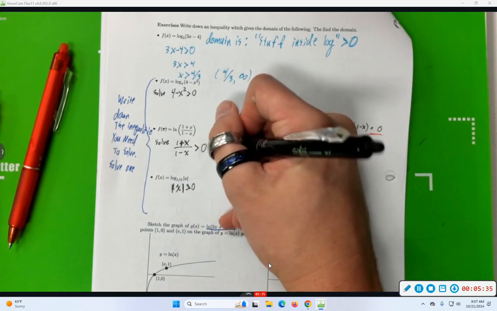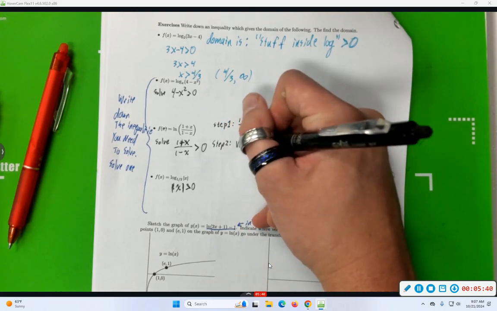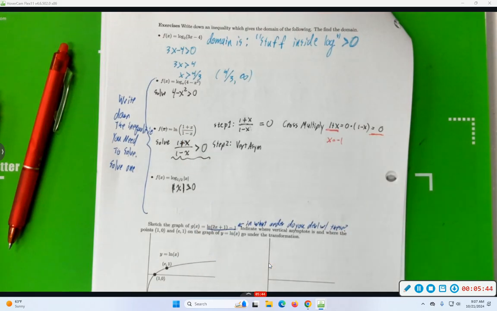Step 2: find the vertical asymptotes. Look at the inequality that you want to solve. Any input that will result in division by 0 you need to worry about. What input or inputs will result in division by 0?